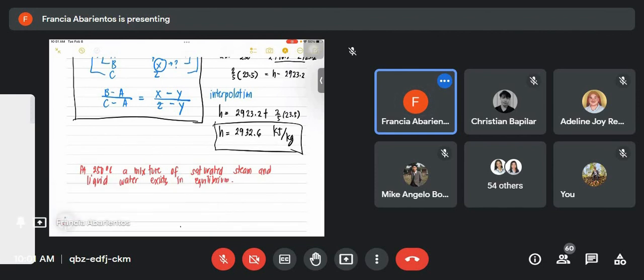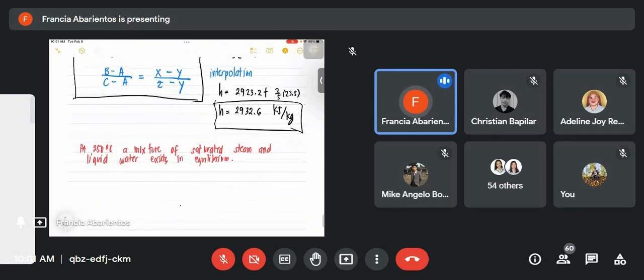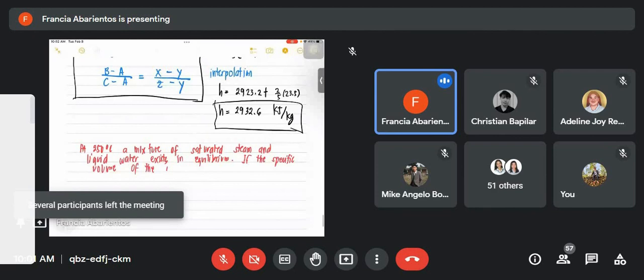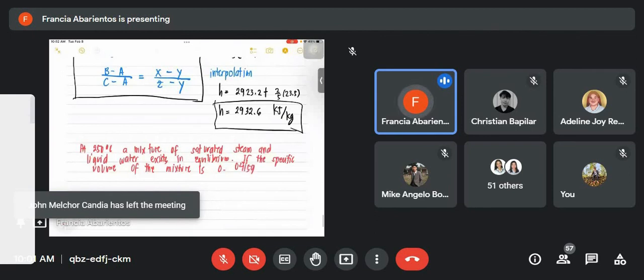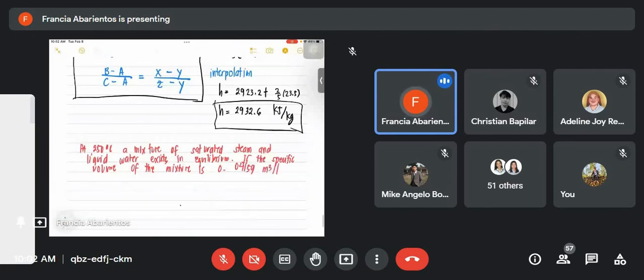So, it says here, if the specific volume of the mixture is 0.04159 cubic meter per kilogram, calculate A, the quality, and B, the percent moisture.